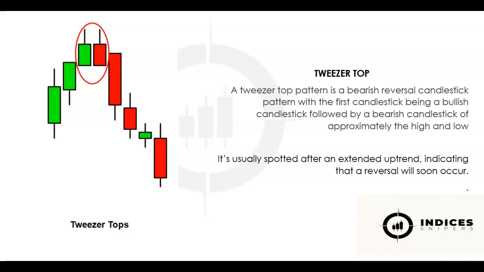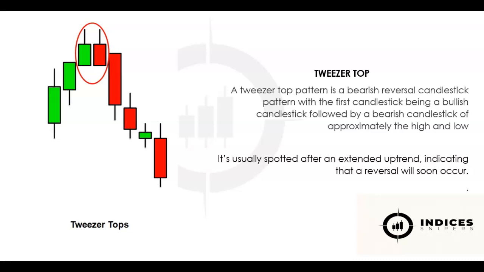Now it's usually spotted at the end of an uptrend. Remember, we said it's a reversal pattern. Tweezer tops are found at the end of an uptrend. It signifies that the uptrend has come to an end, and potentially price is about to drop. That's what this pattern signifies.